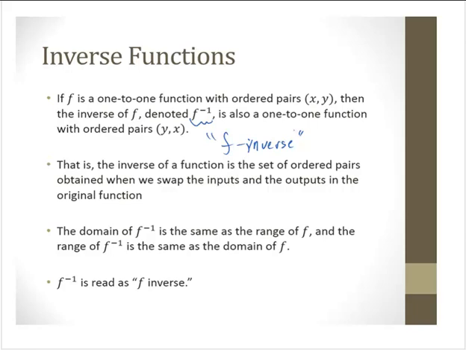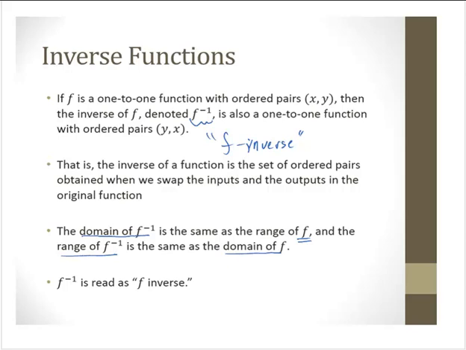So the inverse of a function is the set of ordered pairs obtained when we swap the inputs and the outputs in the original function. Since we're swapping the inputs and outputs, it should make sense that the domain and range swap. So if we start with our function f, the range of f is the domain of the inverse. The domain of f is the range of the inverse. And again, we read that notation as f inverse.